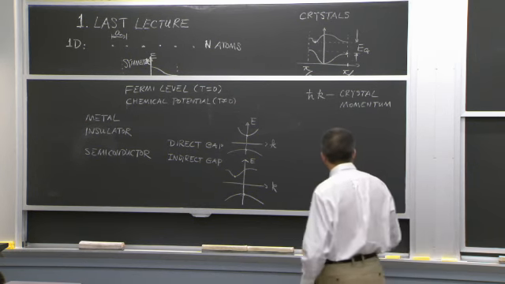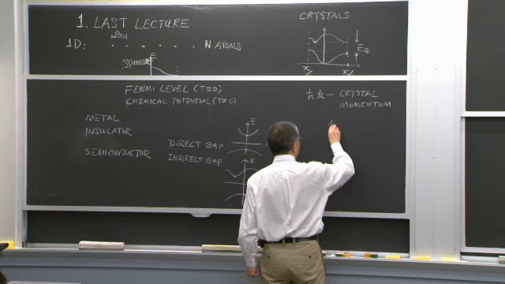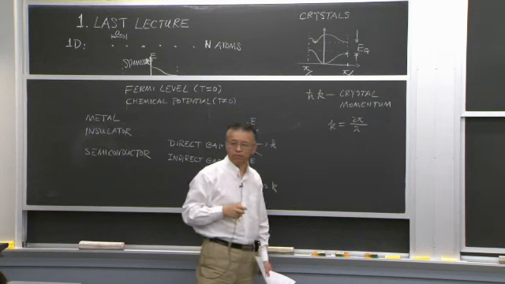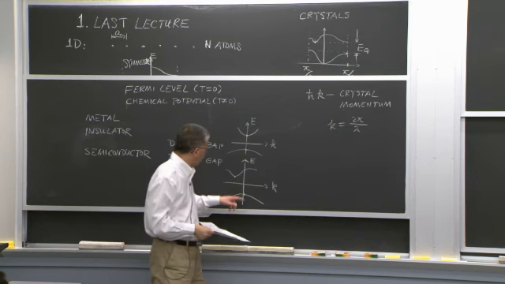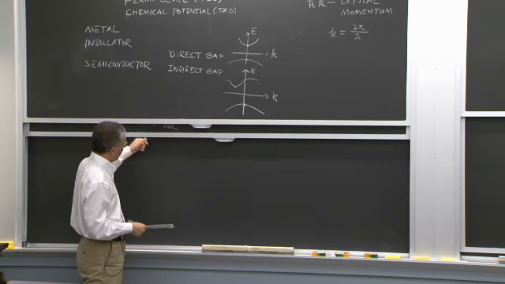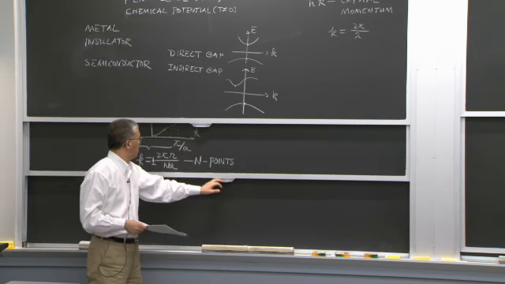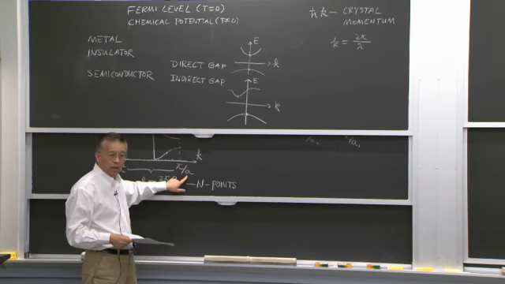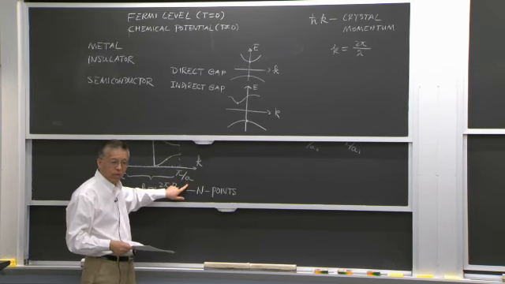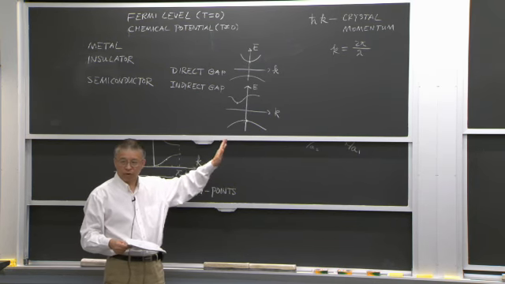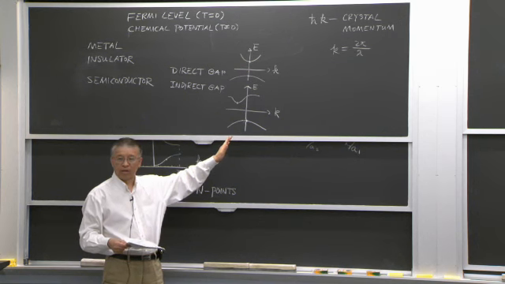Now, the difference, of course, remember K is 2 pi over lambda, that's the magnitude, right? So if you look at the crystal, my lattice constant, this is pi over a, that's angstrom in wavelength. And photon lambda is micron, so the photon momentum is almost negligible.